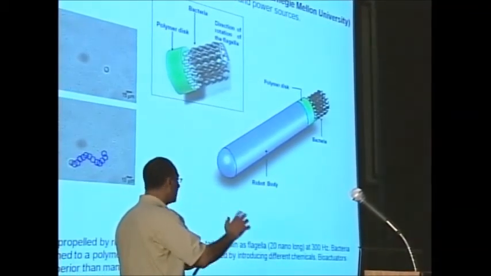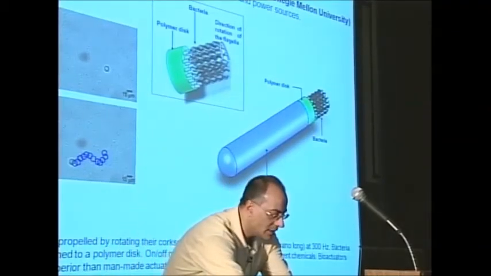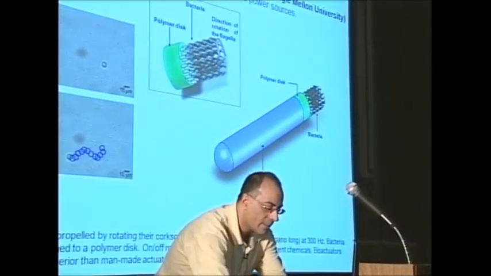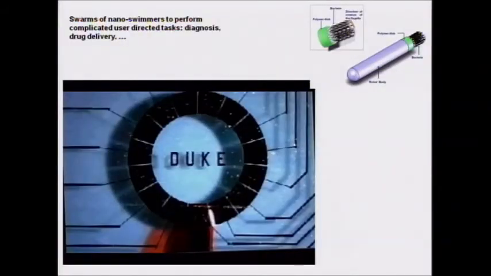And then when they inject another chemical, they become active. So you can put them in drops of different blood, for example, and then move them to different places.